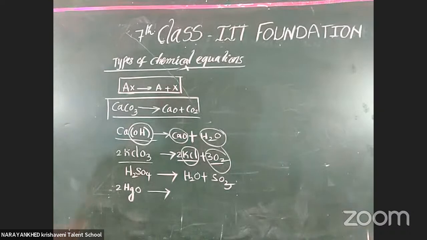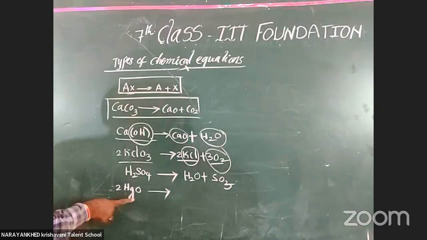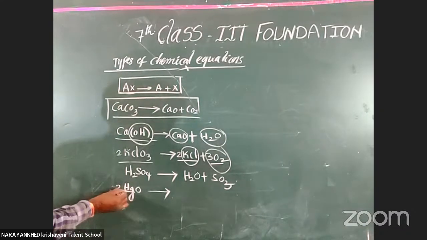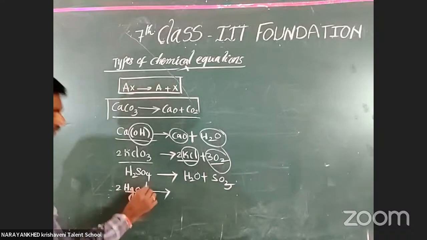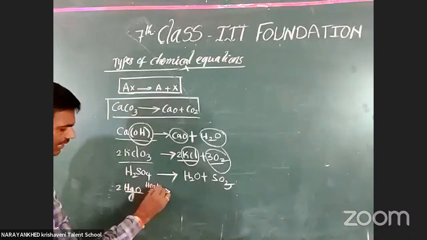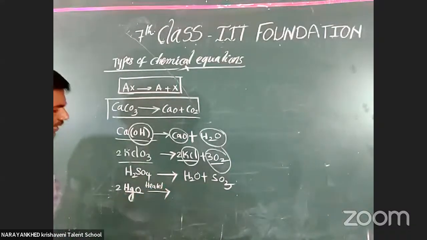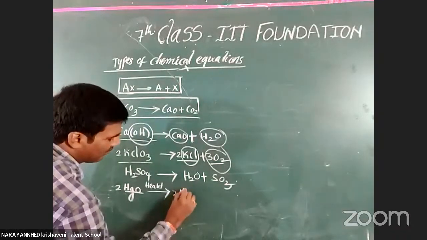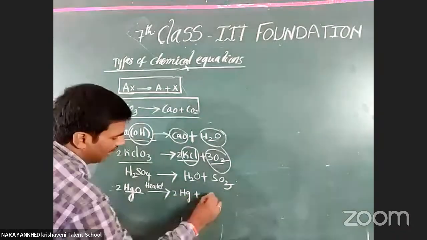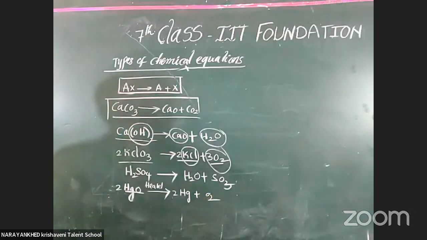Hg, hydrargyrum, is the chemical name for mercury. When it is heated, it will be divided into mercury and oxygen, and we get the particular elements. Hg and oxygen are formed for us. Understood or not, all the students?